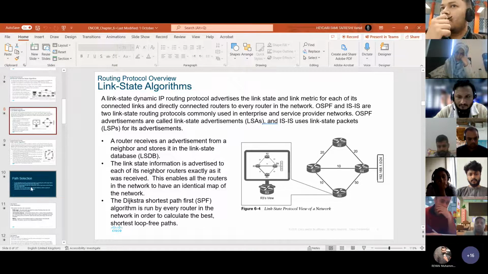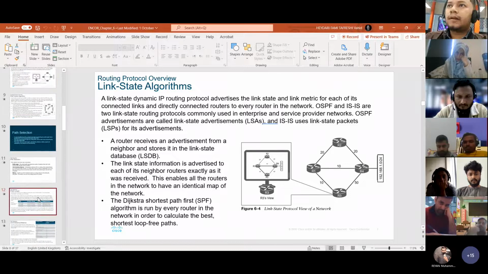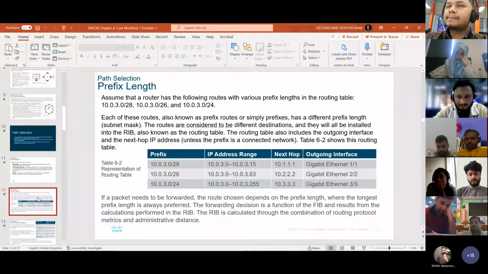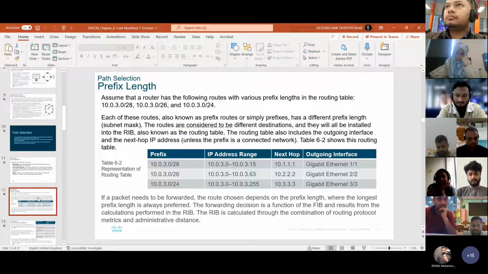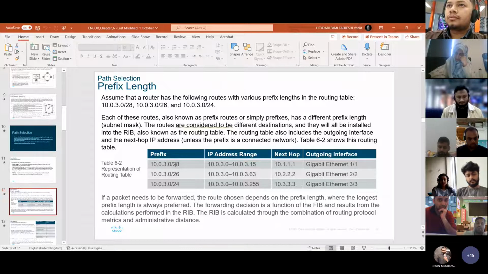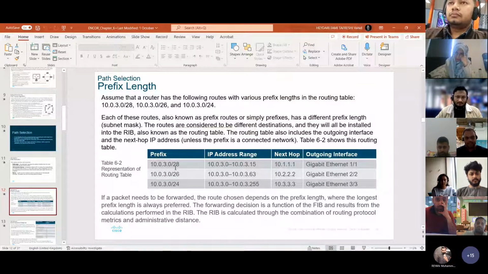So two criteria so far you have learned about how routers and routing protocols select the best path to get to a destination. But there is also another rule, and that rule simply tells us that if we have a couple of same networks, 10.0.3.0, all of them the same, but with different prefix length or different subnet mask, so /28, /26, or /24, always the more specific prefix length is going to win the competition.